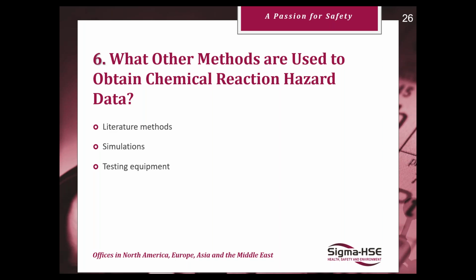So these are good to make decisions about which process pathway you're going to go down, but really the testing data and the different methods available to test are the best way to justify your basis of safety for your new process.